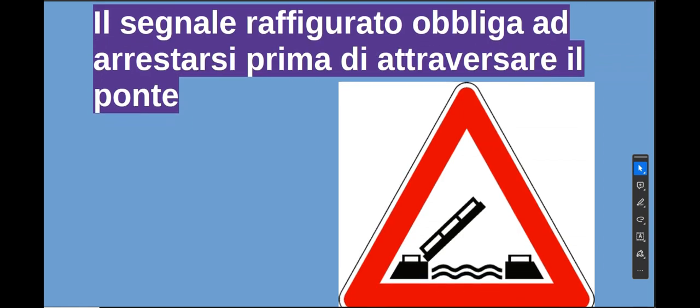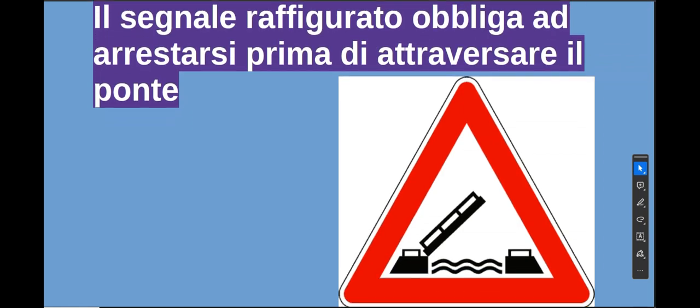Okay, so this is the second question, and it says, il segnale raffigurato obbliga ad arrestarsi prima di attraversare il ponte. So it says, this sign is an it obligates us. What is obbliga ad arrestarsi prima di attraversare il ponte.